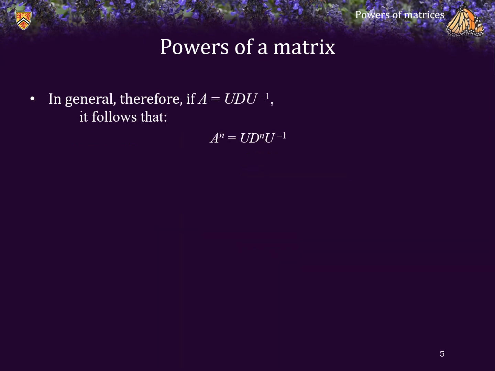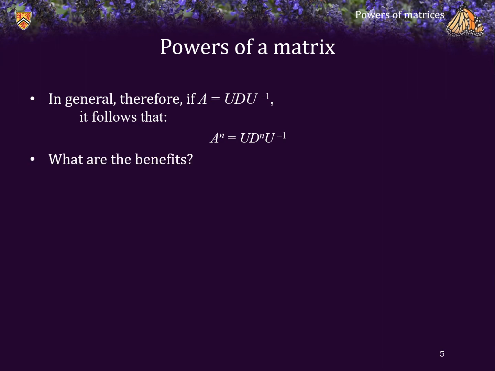Now, this gets even better, because if A is equal to U times this diagonal matrix times the inverse of U, then it follows that A to the n is U times D to the power n times U inverse. But raising D, which is a diagonal matrix, to the power n is equivalent to just simply raising each of the diagonal entries to the power n.